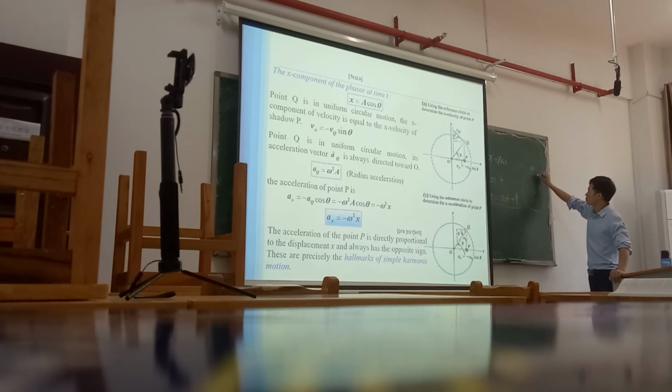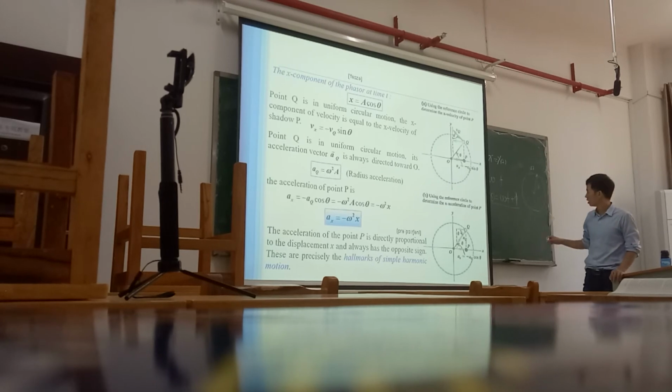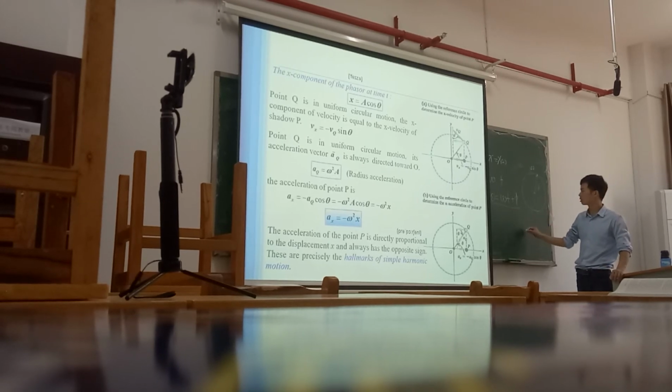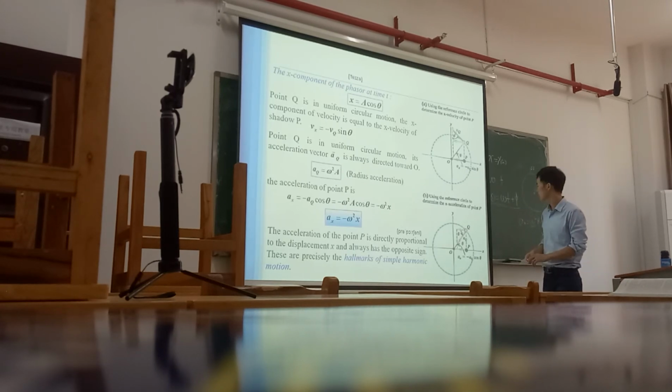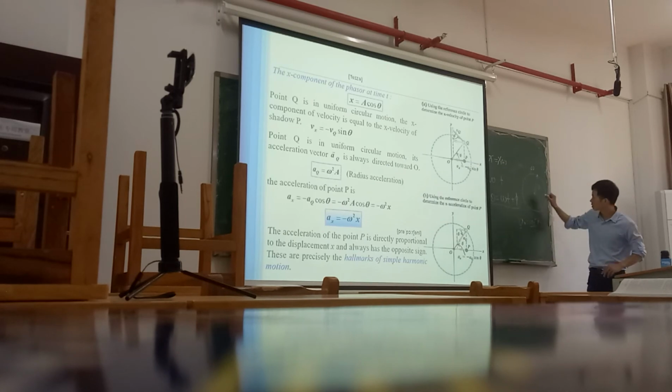Then the object has an acceleration, and the acceleration is constant in magnitude and is equal to omega squared R. The omega is the angular speed, R is the radius. And in this situation, the direction is always along the radius and toward the origin.